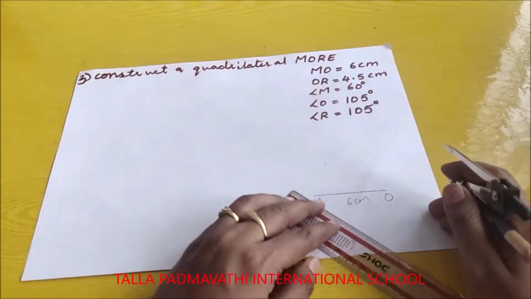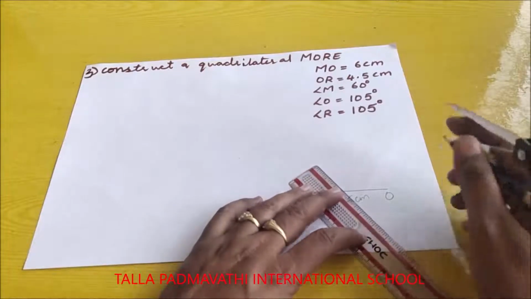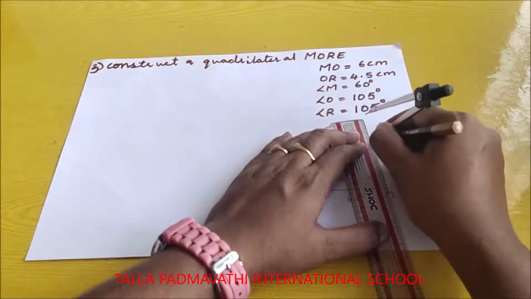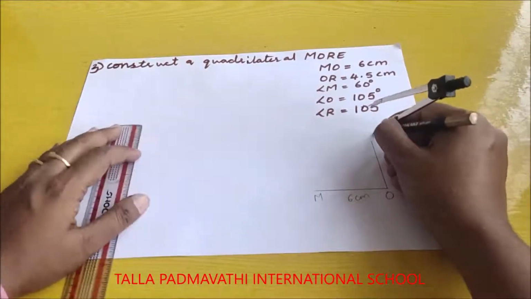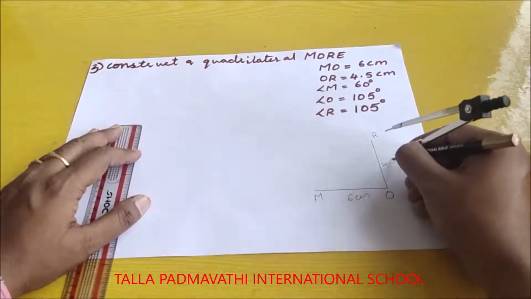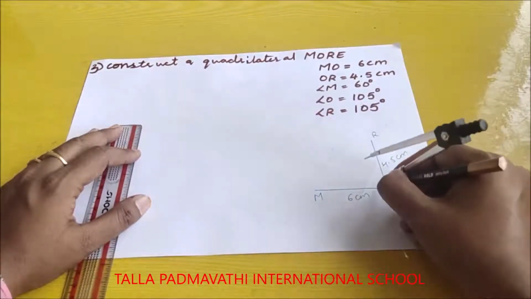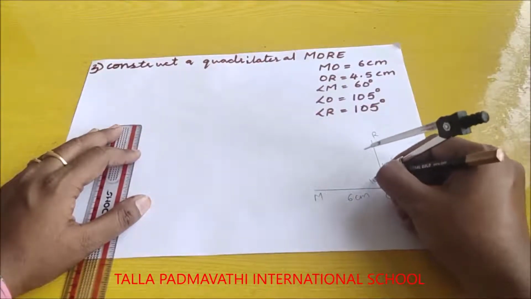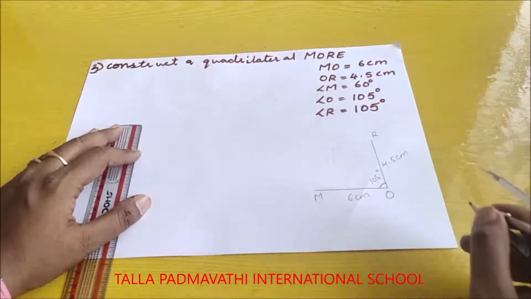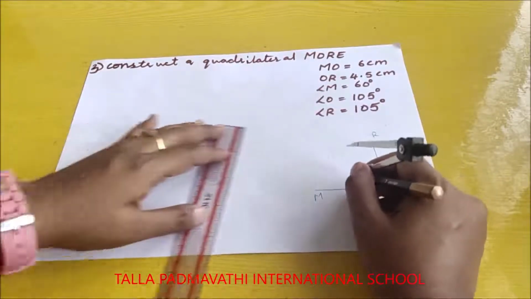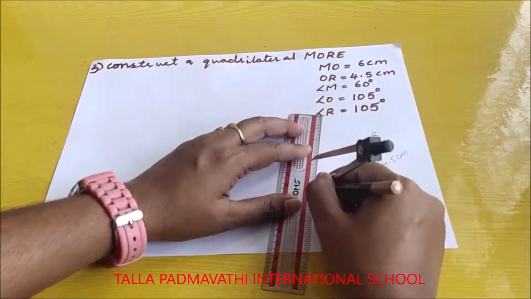And next, children, OR. OR is how much, children? OR is 4.5 centimeters. And if you see the angle O will be 105 degrees. And angle M will be 60 degrees. Angle M will be what? 60 degrees.